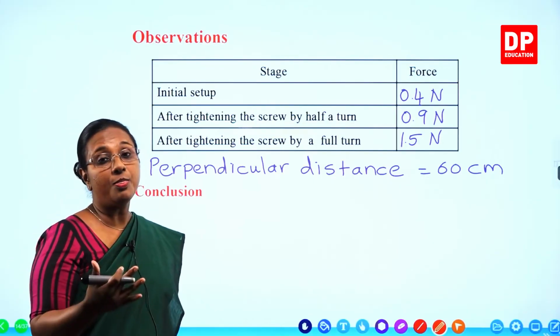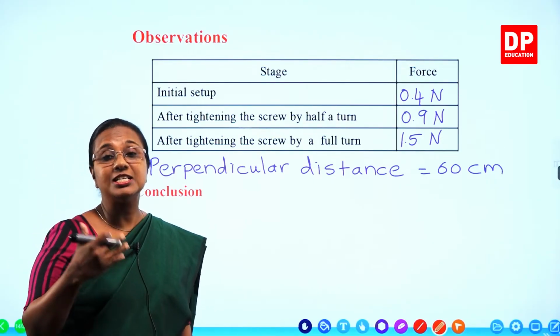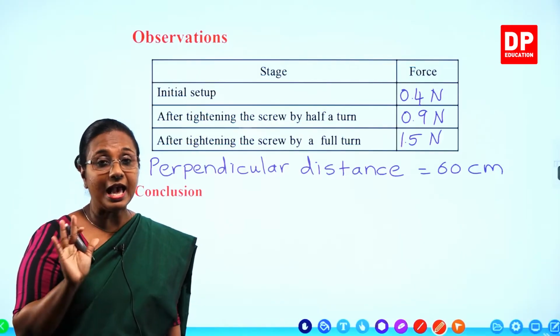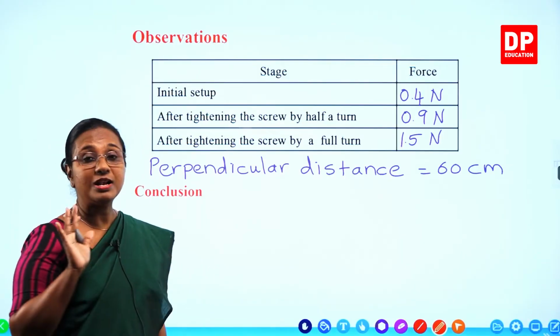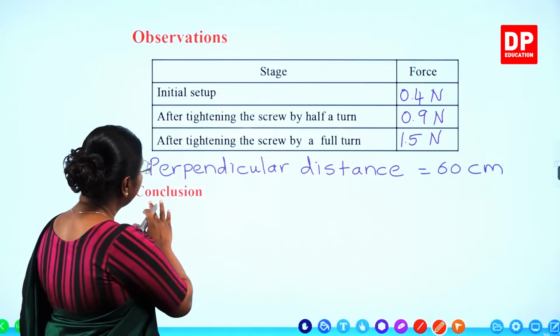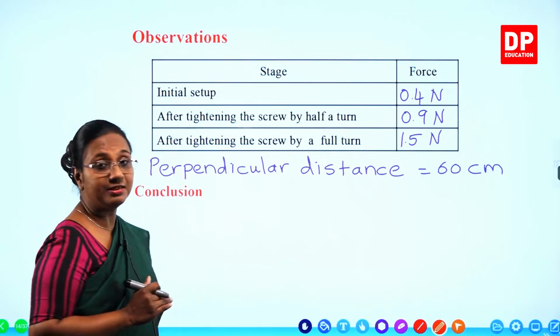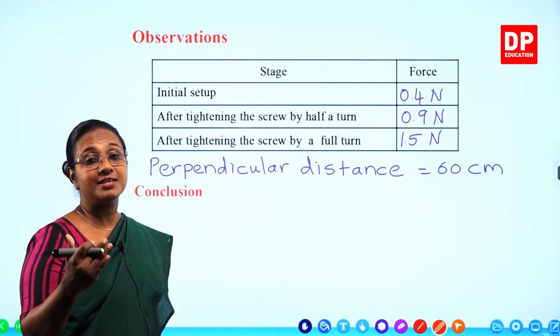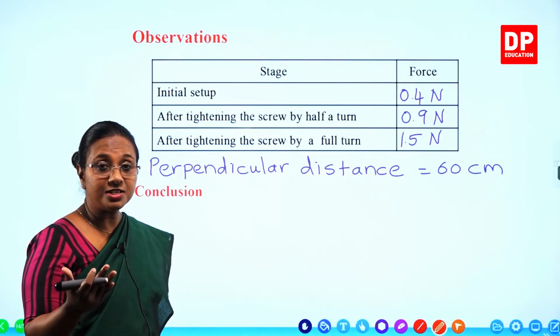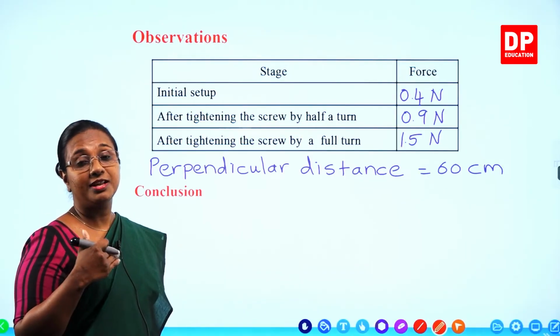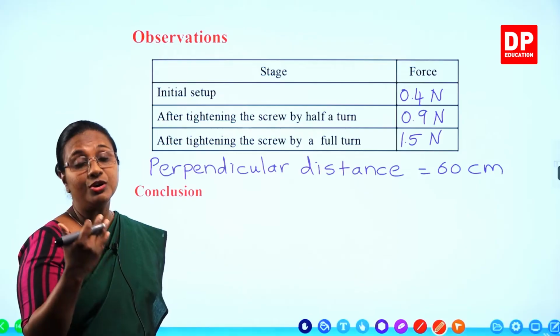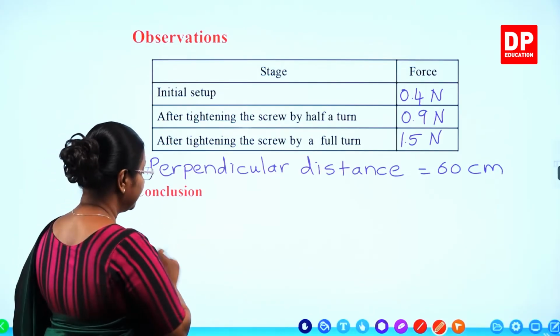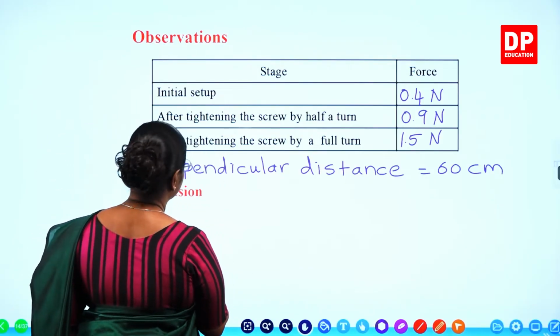So depending on the object, you might have to change the amount of force that needs to be applied. But from this, what we can conclude is when the force applied increases, the moment of force increases, or when the moment of force increases, the force applied needs to increase. So that is what we need to write as the conclusion.